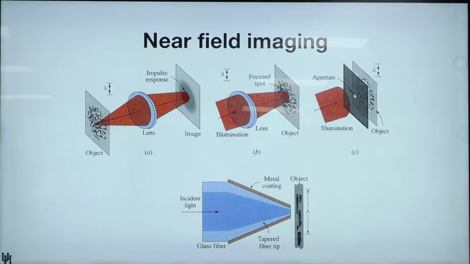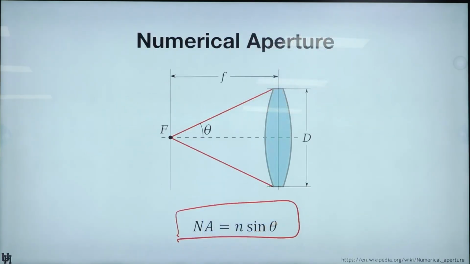The bigger the lens you use, in other words, the higher the NA, the smaller the objects you can see. The resolution also depends on the wavelength of light. The rule of thumb is lambda by 2 NA. It depends on the wavelength of light you use and the numerical aperture of the lens you are using.